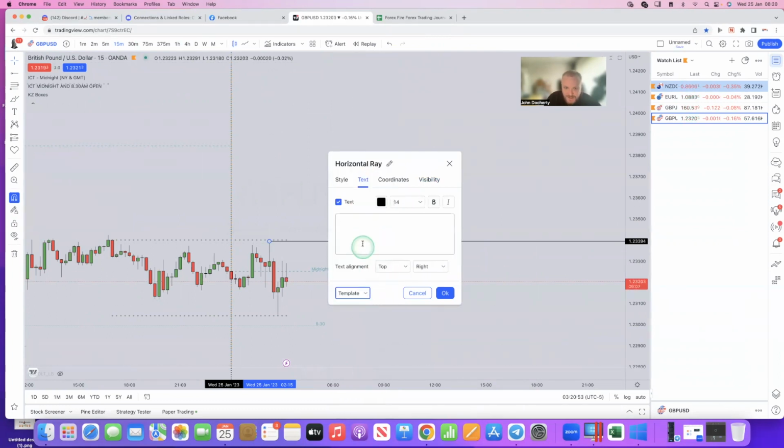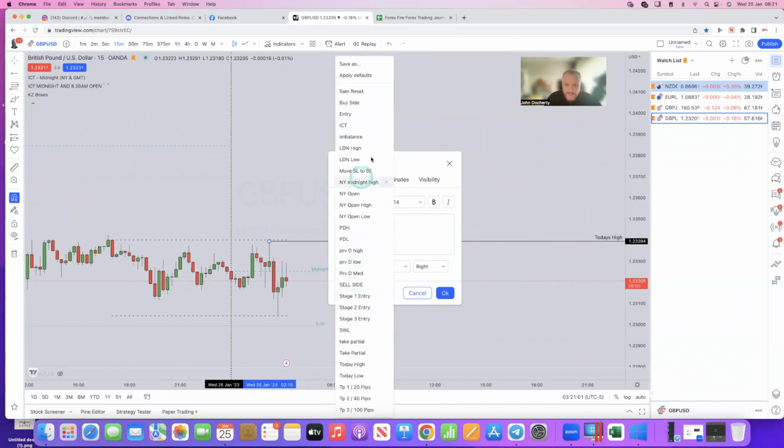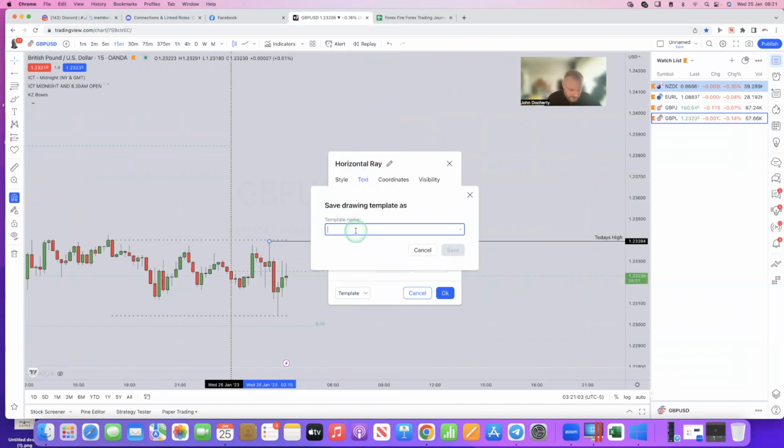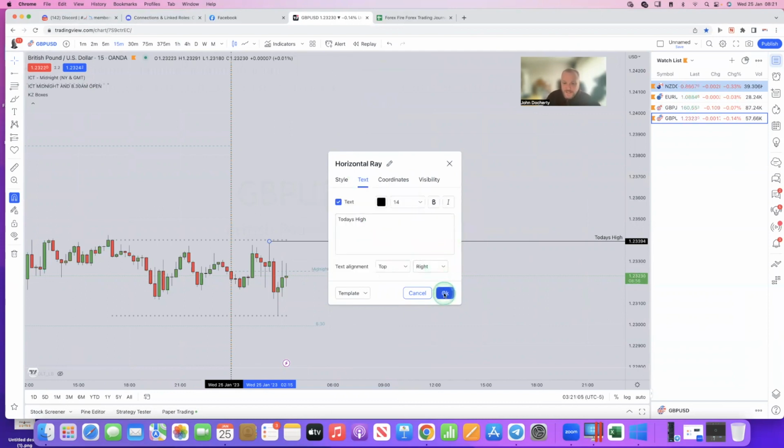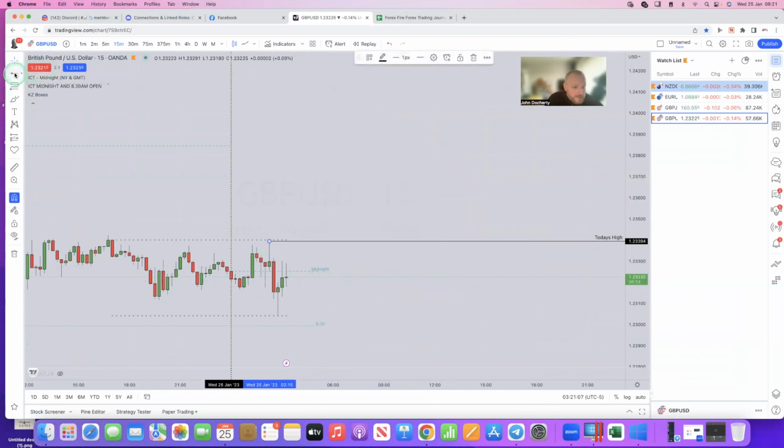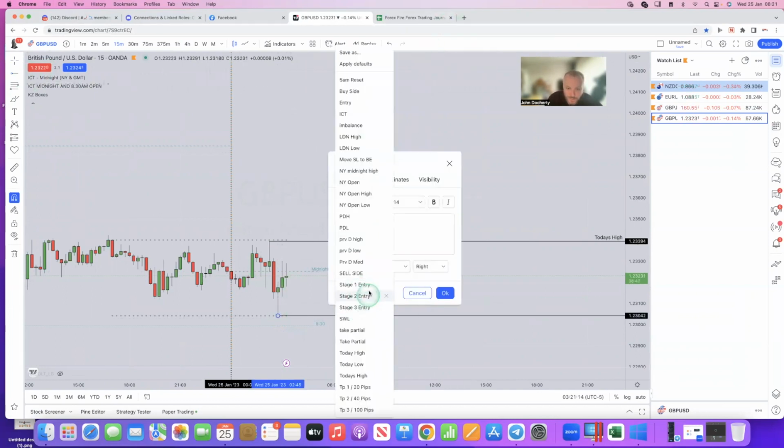There's today's high. And I forgot to add this yesterday, so I just do that, copy it, and then I can save as, make it a template. So that's today's high, and then I want to put on the opposite, which is today's low.